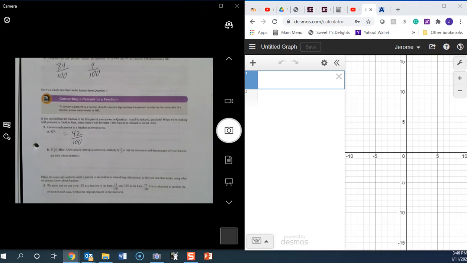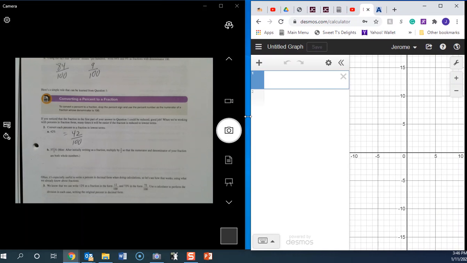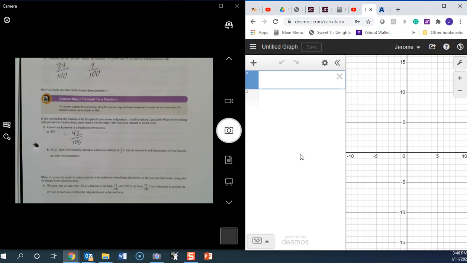Now, traditionally in math classes, we would basically tell you you need to simplify this problem, and typically you would be dividing by some value. But because we have the Desmos calculator, we could actually let Desmos simplify this for us.